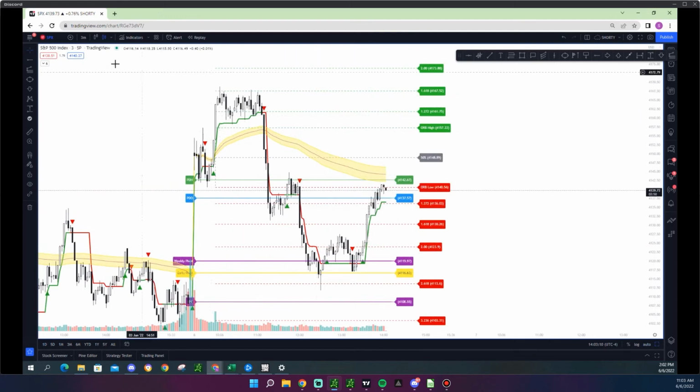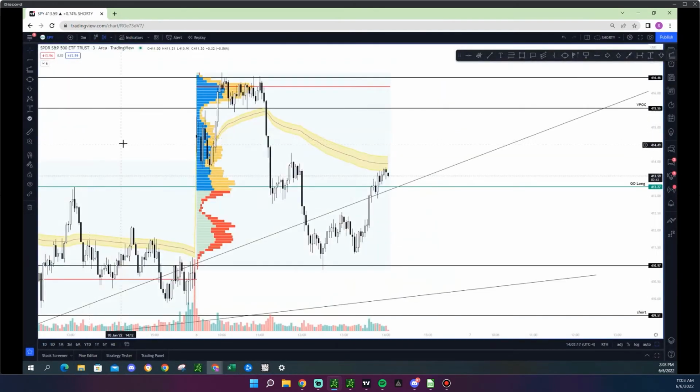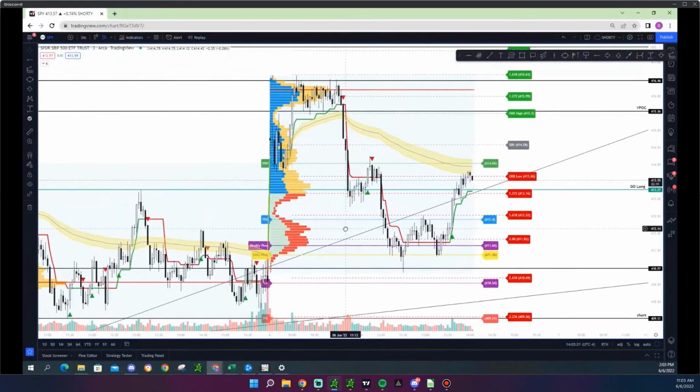Does anyone know what type of day this is? Double distribution, triple distribution, choppy. It could be double distribution here. So you have value here.